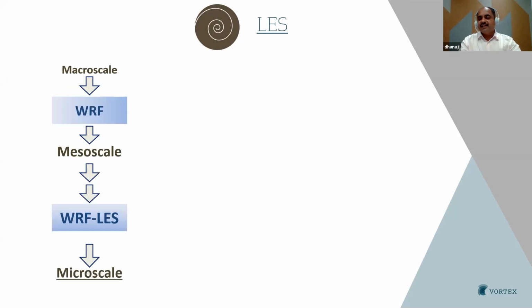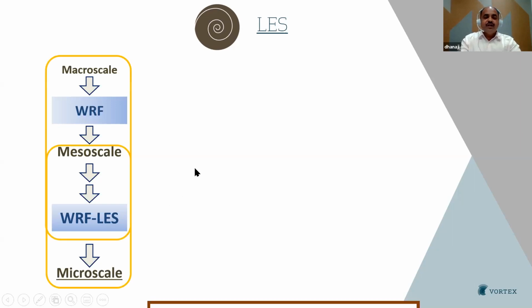Okay, so as I told, LES is large eddy simulations, and how exactly do we prepare this 10-minute time series data? We initially use WRF to downscale the macro scale information to mesoscale level at 1 kilometer resolution. And once we reach the 1 kilometer level, we introduce Vortex WRF LES, or Vortex LES, to downscale this mesoscale information to microscale level at 100-meter resolution.